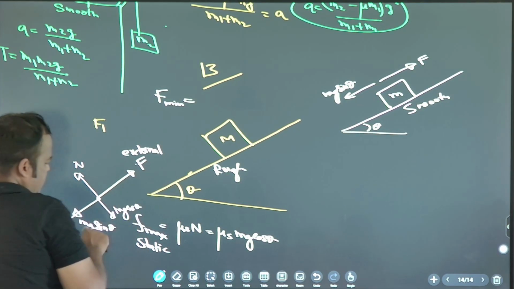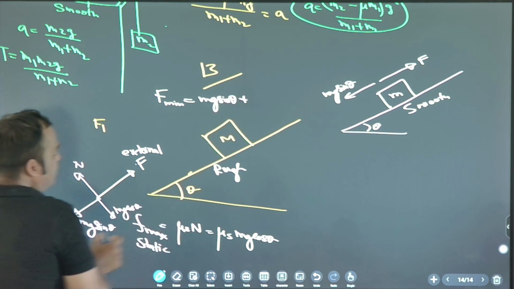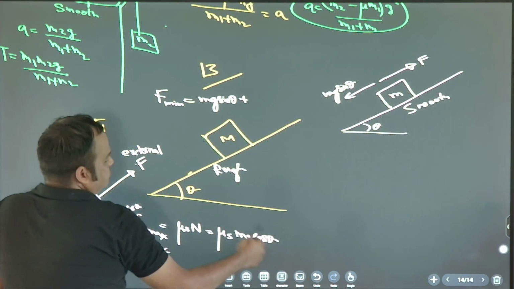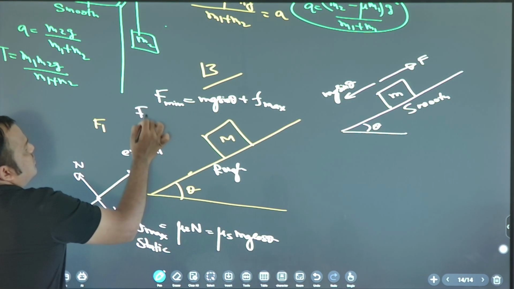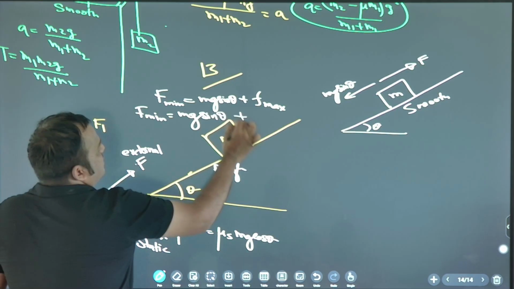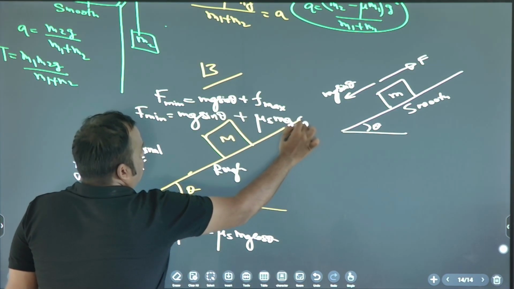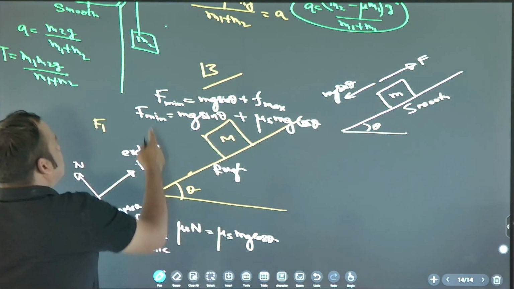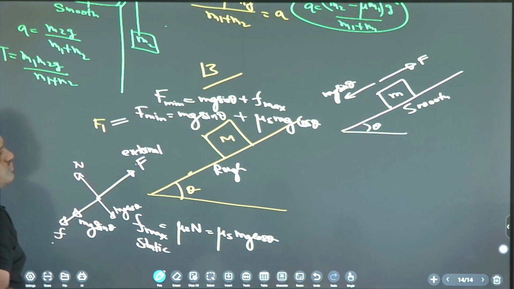F minimum will be mg sin theta plus the maximum value of friction, correct. So F min is equal to mg sin theta plus mu s mg cos theta, and they are calling this F1.